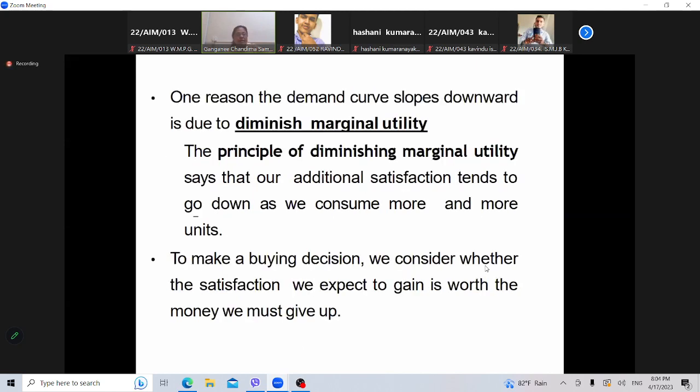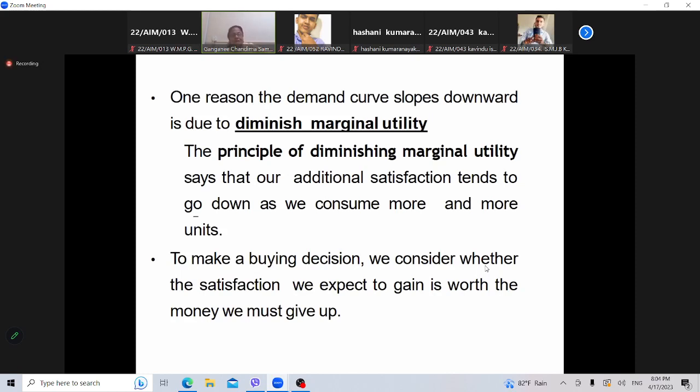So one reason for this downward slope is diminishing marginal utility. I think you remember we discussed utility. Did you remember? When we discussed the basic terms of microeconomics, we discussed utility and satisfaction.